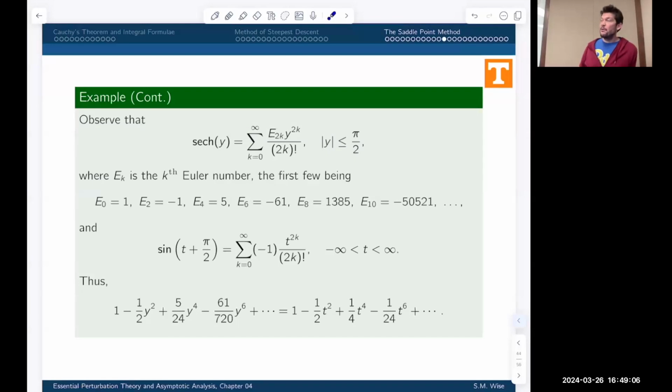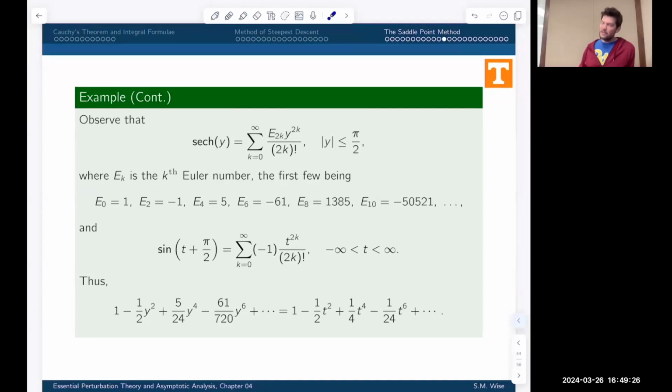Right. And so 1 over that is going to be even as well. So it makes sense that it should only be in even powers. So E0 is 1, E2 is -1, E4 is 5, E6 is -61, and so on. Okay. The signs alternate.